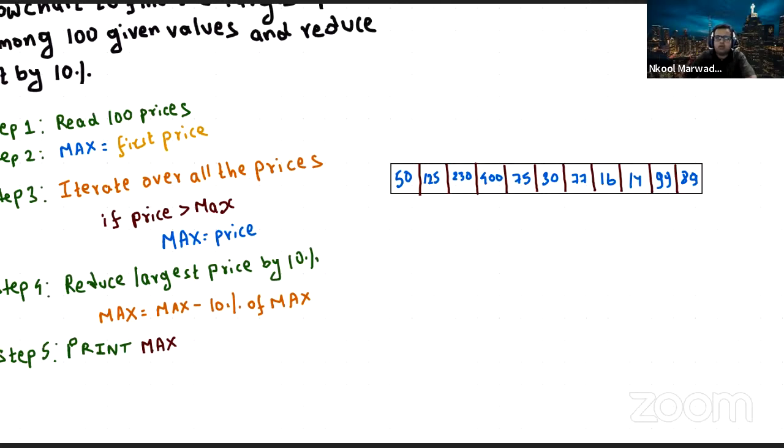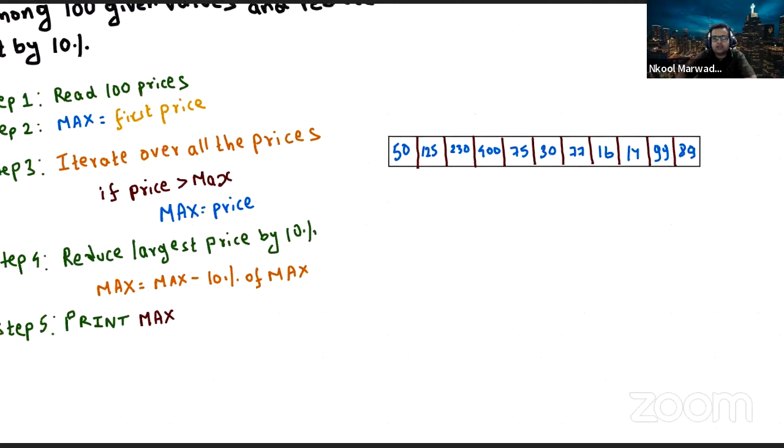Now see how the algorithm works, a very interesting working. Max will be 50, because the first price will be the max initially.